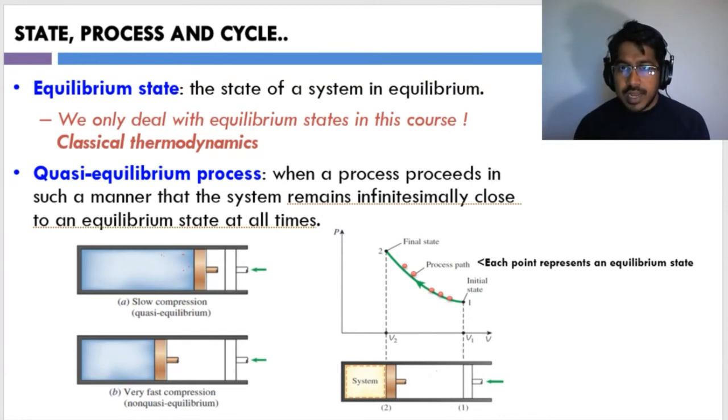The transient system analysis is not something we do in this case, right? So we assume the systems operate under steady conditions, and we assume the processes we use in this course are quasi-equilibrium processes. Okay.